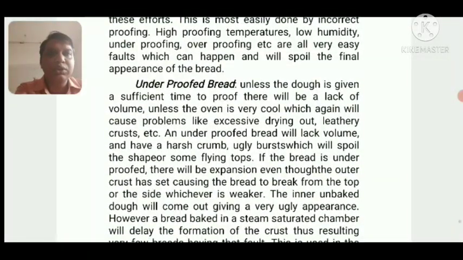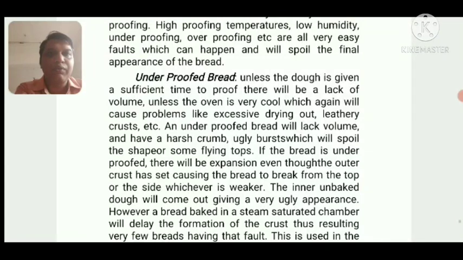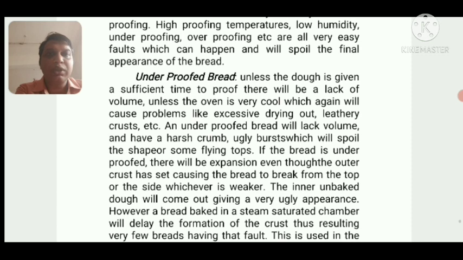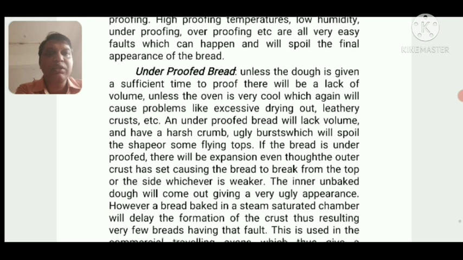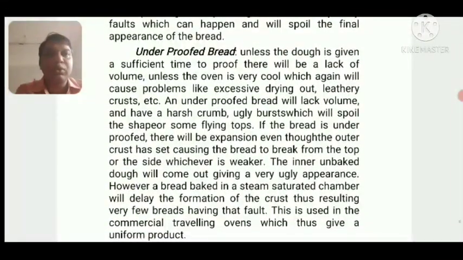Now we read, unless the dough is given sufficient time to proof, there will be a lack of volume, unless the oven is very cool, which again will cause problems like excessive drying out, leathery crust, etc. If the bread is underproofed and we put this underproofed bread into the oven which has not reached the temperature desired by the bread to be cooked, they give leathery textures and excessive drying, because the baking time of the bread will increase, which unnecessarily leads to the loss of an excessive amount of moisture content.